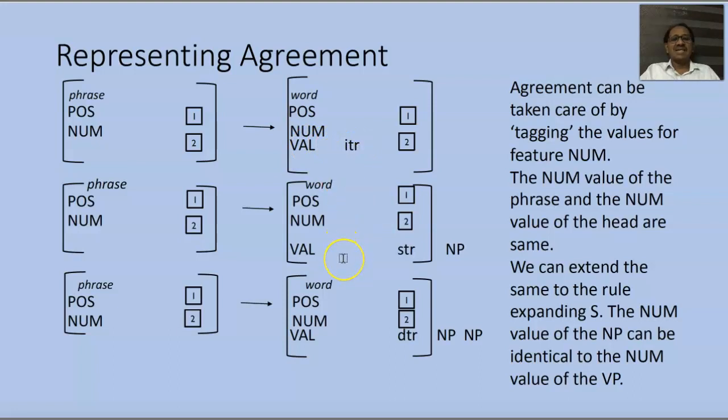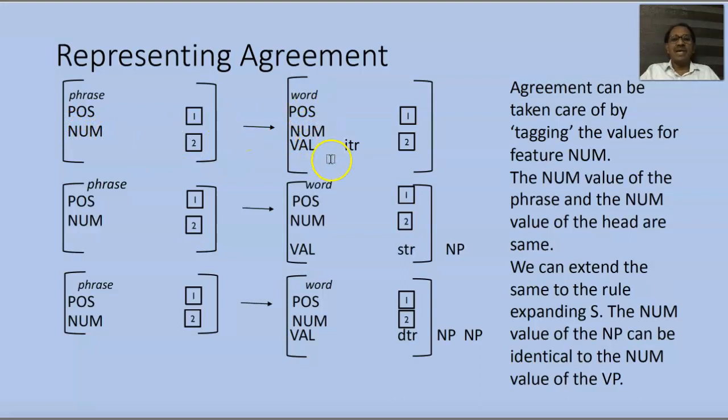Let's take a verb like hit. Hit is a transitive verb. They hit John. Now hit here is plural. So number is plural, which is shared with the phrase here, the verb phrase. So hit John, hit is plural and the phrase is also plural. Okay, so agreement is also now taken care of. In terms of features, we are using number now.